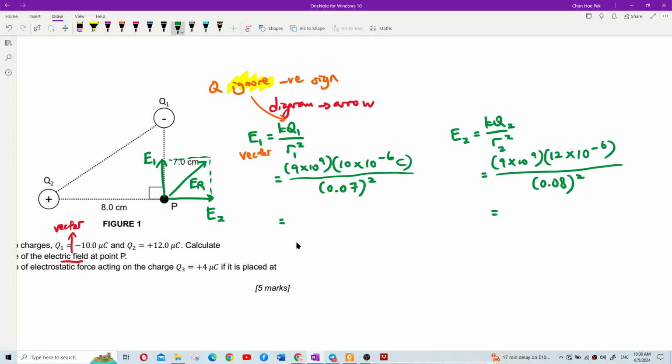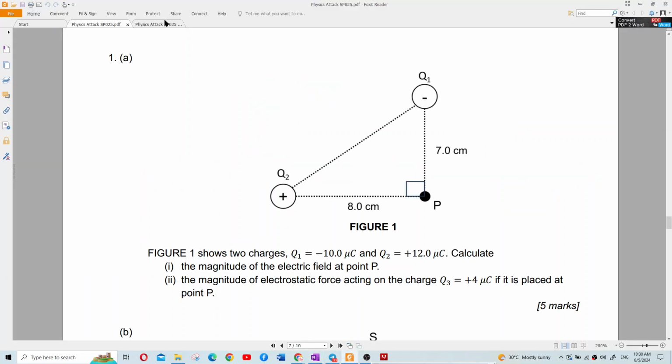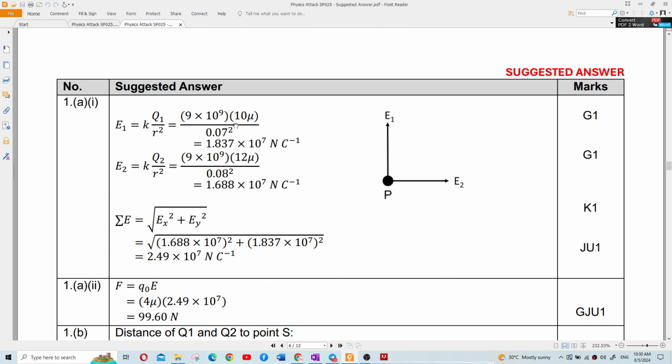So what is the answer? Find out the answer. Got the answer already. See, the same as what I did. No negative sign. This is the answer scheme, no negative sign. So this is the value, just write it down.